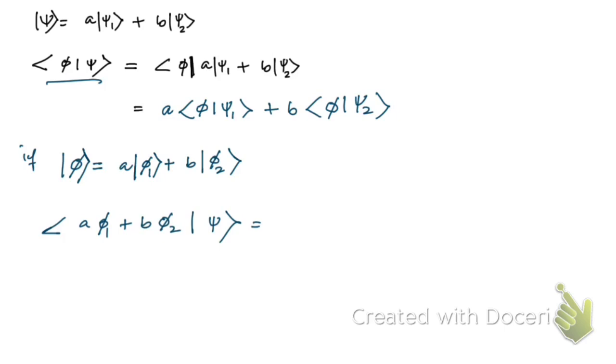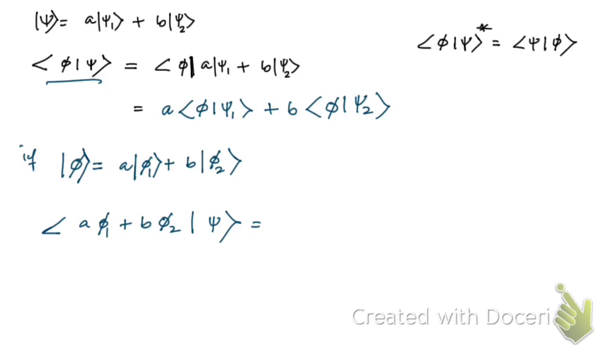Now if we use this property that the conjugate of the scalar product of phi and psi is the scalar product of psi and phi, right?